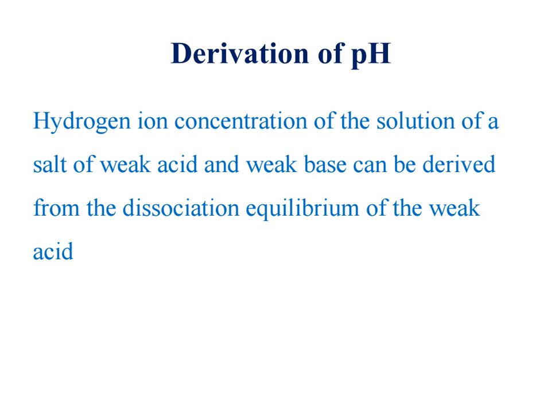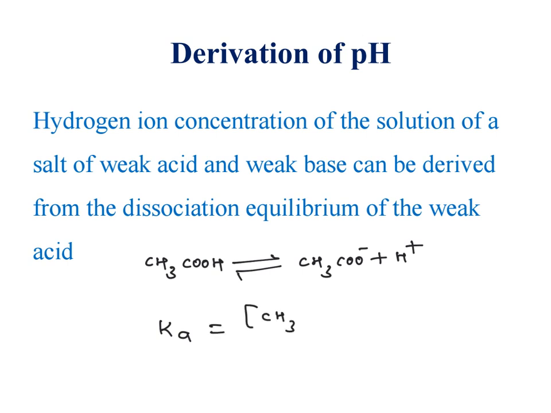Here I am taking acetic acid, which is dissociated into acetate ion plus H plus. By taking the acid dissociation constant, we can derive an expression CH3COO minus H plus by acetic acid.